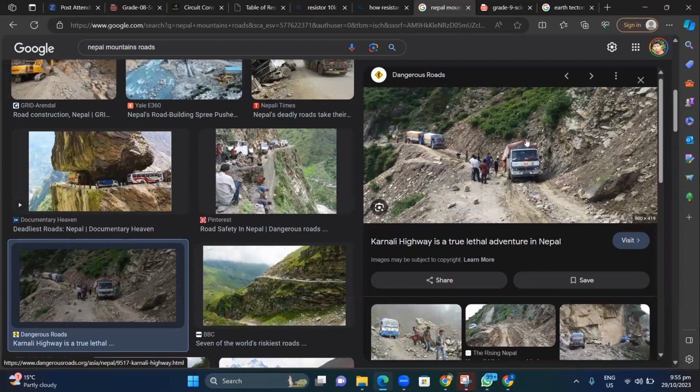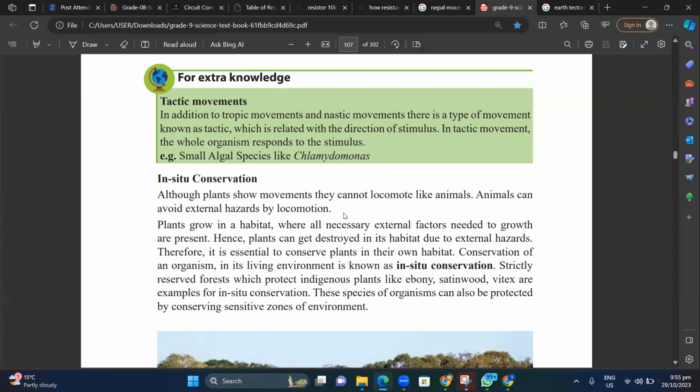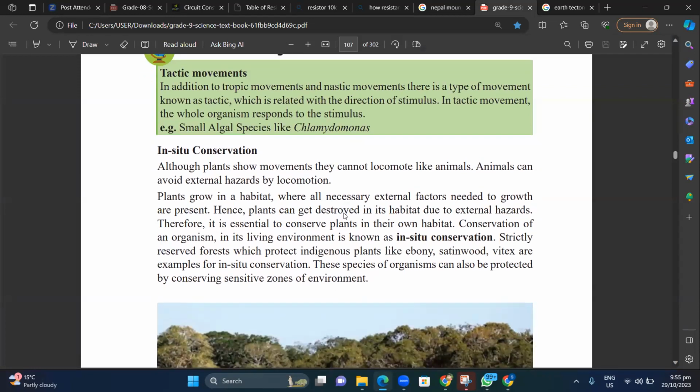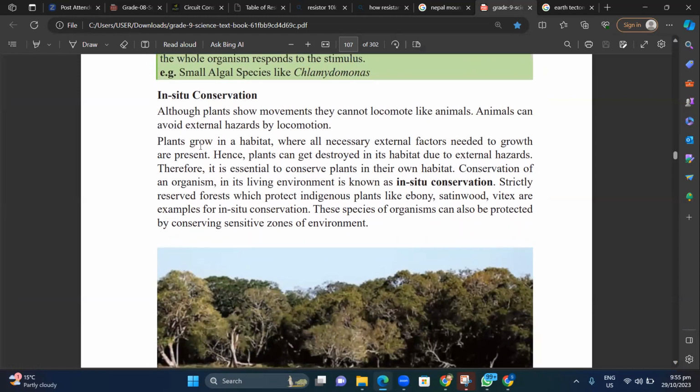Their growth slows down, because they cannot breathe and cannot produce food. Plants show movement, but they cannot locomote. That's a problem. So how can they avoid external hazards?